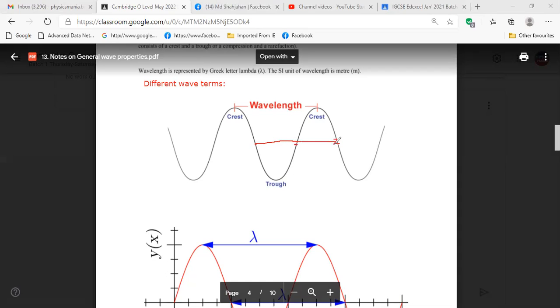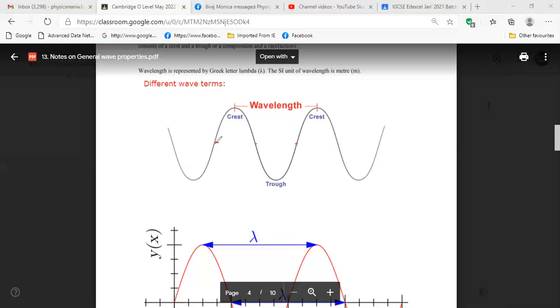Another way round you can say, like from here, you can also do it in another way. Like you have here also crest, right? And here the trough ends. Crest starts here and trough ends here, right?